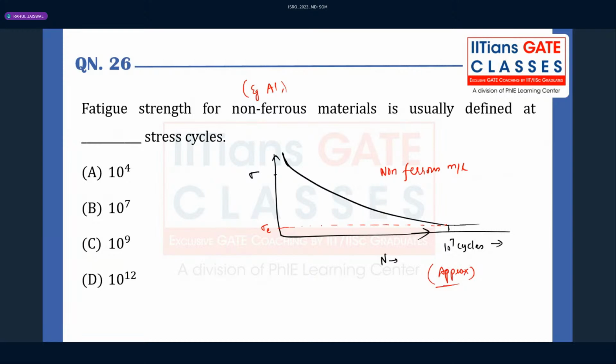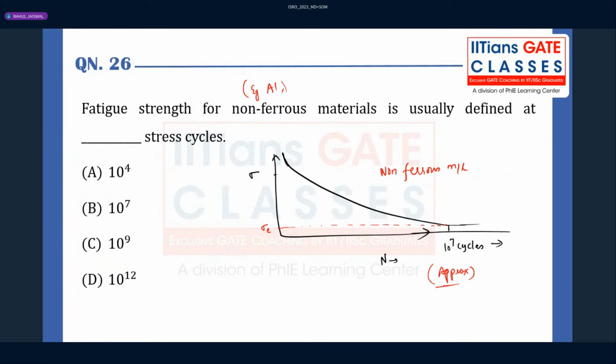This type of non-ferrous material does not exhibit a distinct, unique value of endurance limit in the true sense. But still, the fatigue strength of this material is usually defined at a stress at 10 to the power 7 stress cycles, where it will complete 1 crore revolutions.